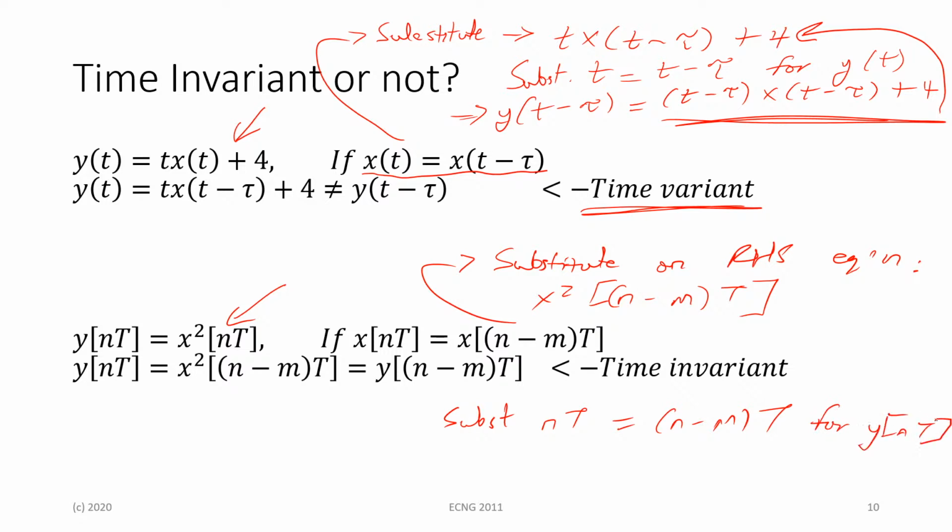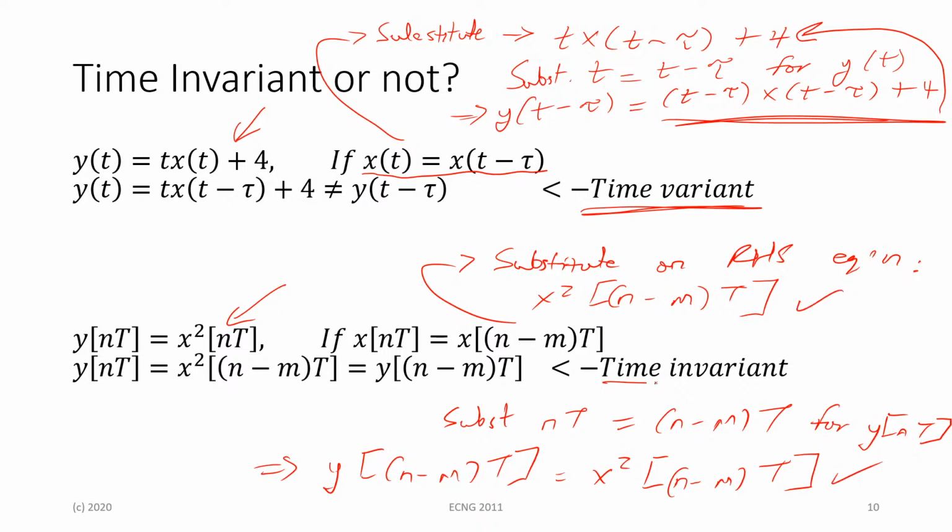So y of n minus m t will now be the same as if we did that previous substitution. And because this is basically the same as we saw with this one, that's how we prove that it's time invariant.